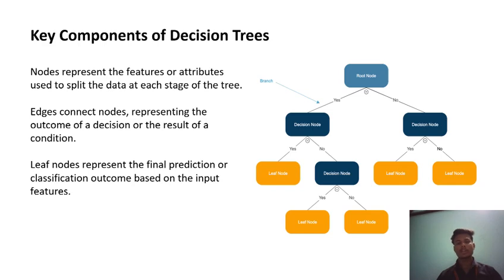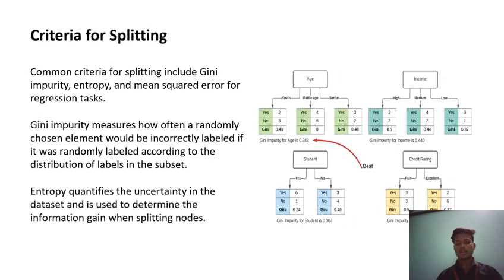The next slide is criteria for splitting. Common criteria for splitting include impurity, entropy, and mean squared error for regression tasks. Impurity measures how often a randomly chosen element would be incorrectly labeled if it was randomly labeled according to the distribution of labels in the subset.